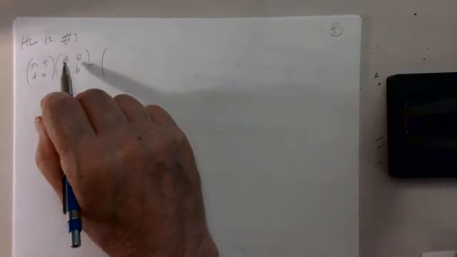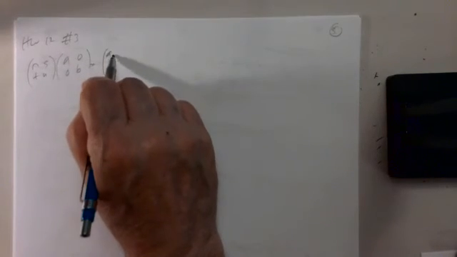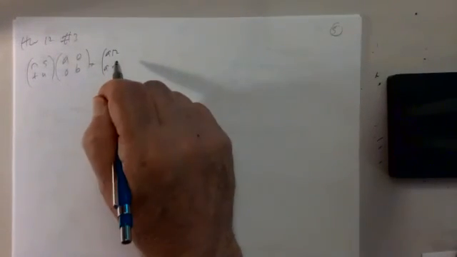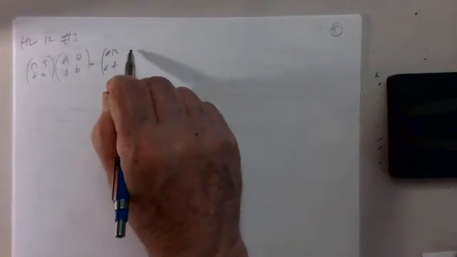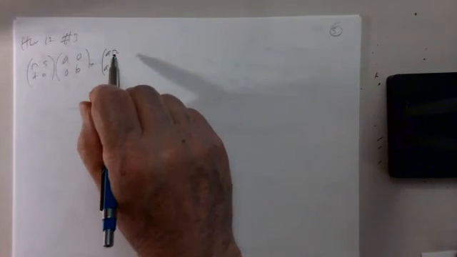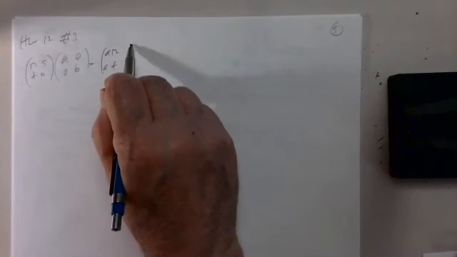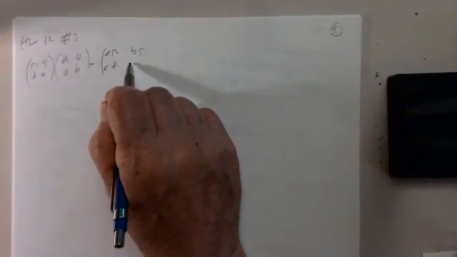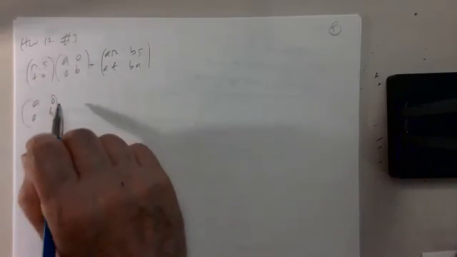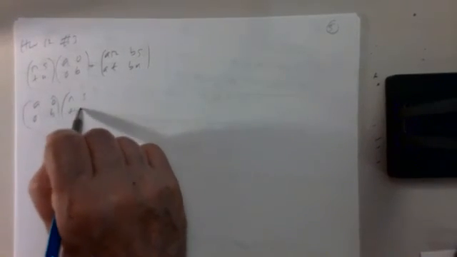So this multiplies the first column by T, and it multiplies the second column, sorry, by B. Professor, I actually did the same thing.